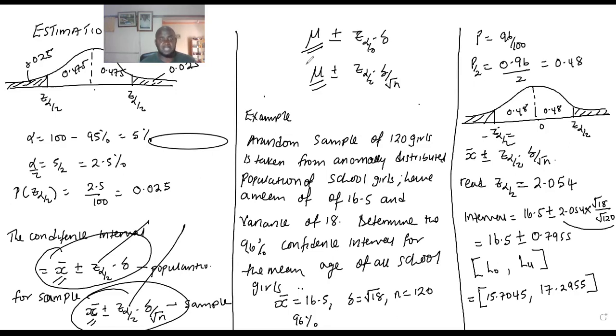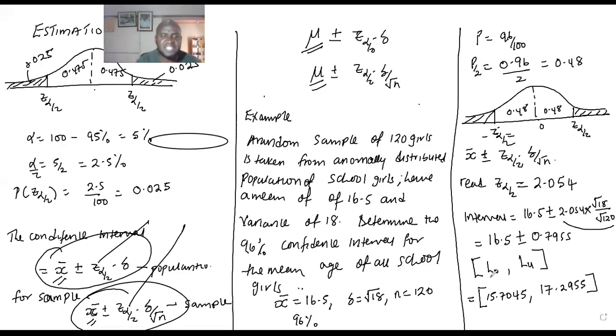According to what we have found, 15.7045 and 17.2955, does the mean lie between those two values? Yes, it does, because it is 16.5.